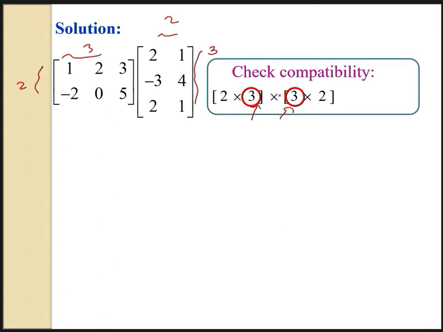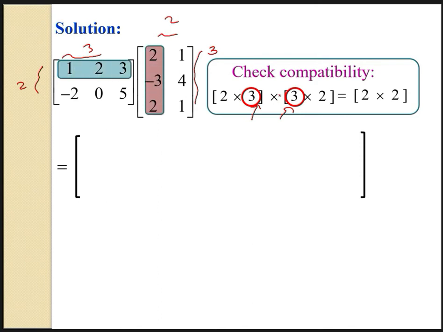So what will be the resultant matrix? Our final matrix will be in the order of 2 by 2. To multiply these matrices, you have to look at the first row and the first column of the second matrix. Multiply each of the elements one by one. 1 times 2, and then plus the second element here, 2 times negative 3, and then the last element, 3 times 2.